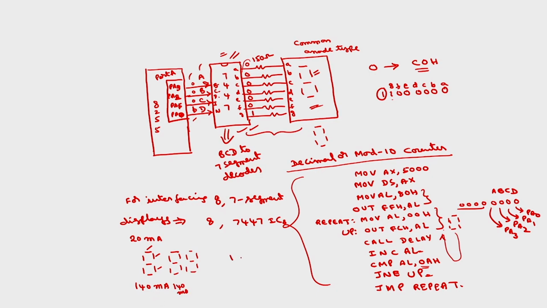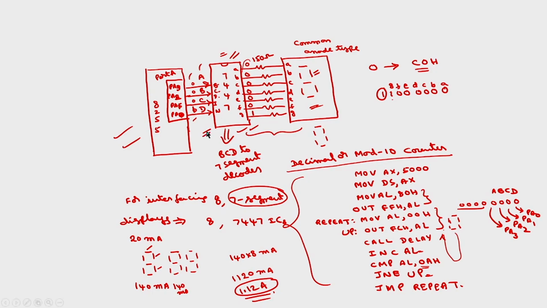So the total will be 140 into 8, which is of the order of 1120 milliamps or 1.12 amps. This is a large current, so this will draw more power. This is one of the drawbacks of using this type of configuration for displaying multiple 7 segment displays: it draws more current, thereby more power consumption.